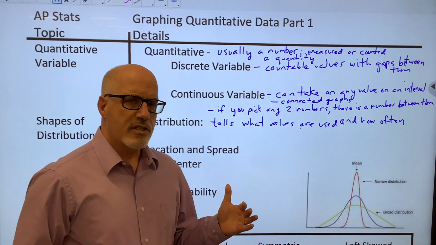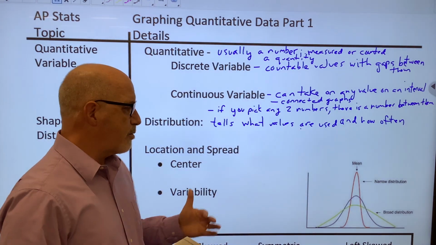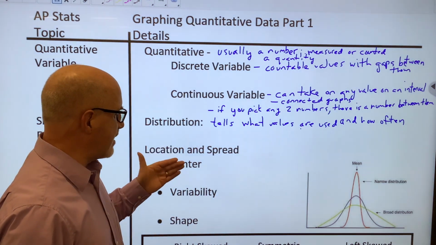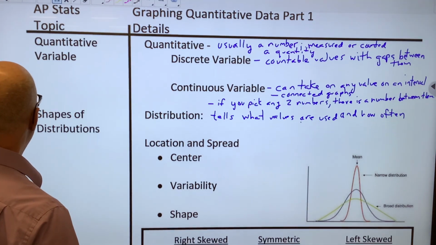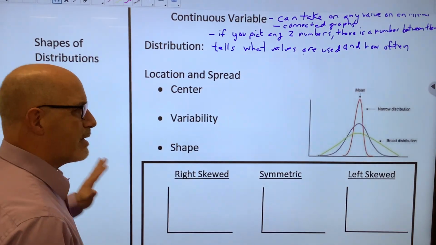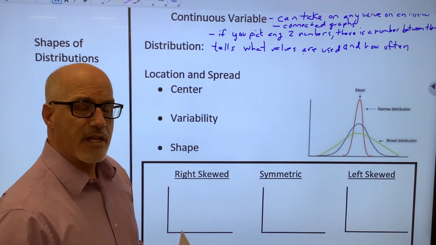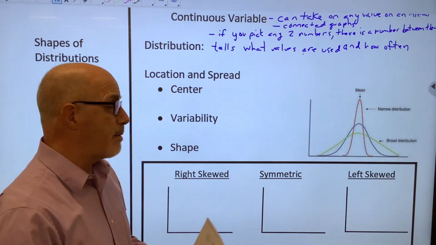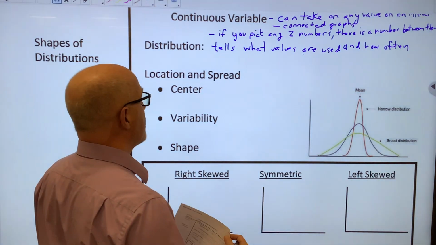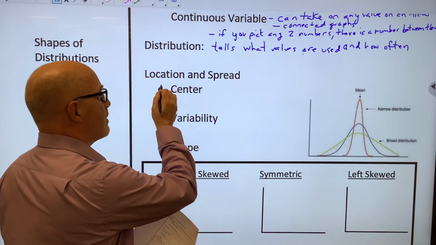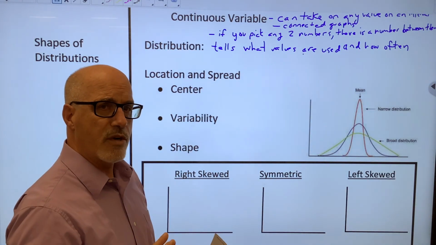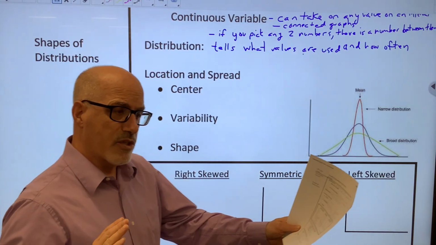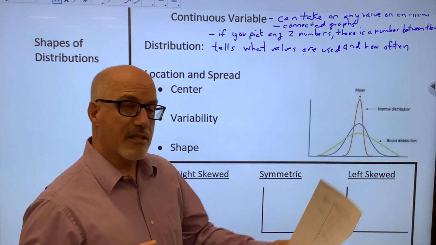Now, we're going to start describing what these distributions look like. We're going to look at center, variability, and shape. When we describe something, that will help us understand some information about that distribution. Sometimes we'll talk about that as location and spread. Spread can be a difficult word to use because sometimes people will just give the maximum minus the minimum.